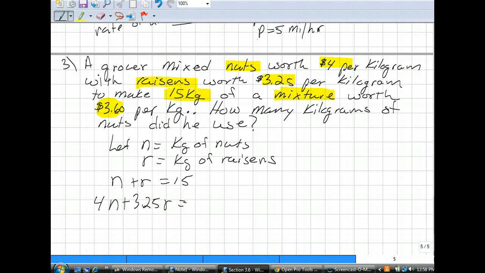And the value of the mixture is $3.60, but how many kilograms of that do we have? It's 15, so we have to multiply that by 15. So our system is N plus R equals 15, and 4N plus 3.25R equals 54.